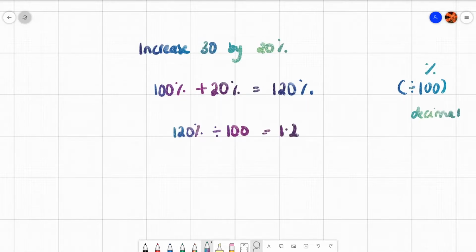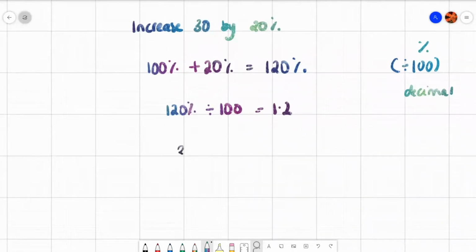So if I'm increasing 30 by 20%, I can multiply it by 1.2, because it's got the 100% added on to the 20%, which is 120%. The 30 is already included in that. So I just do 30 times 1.2.